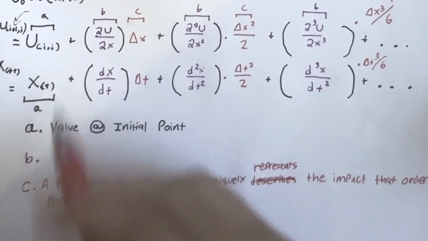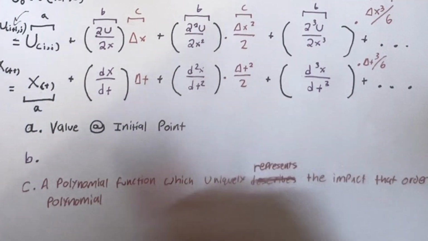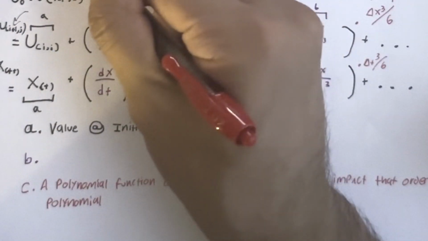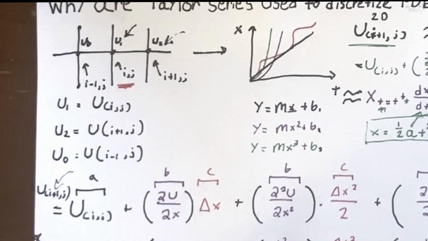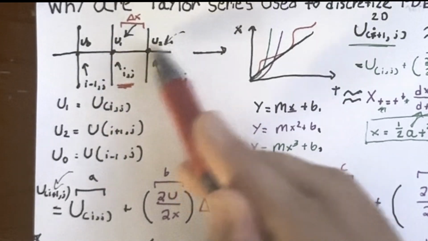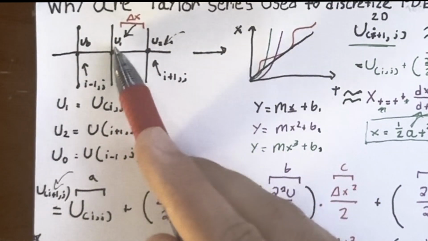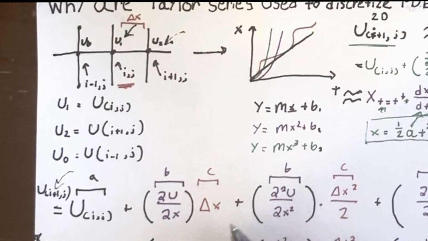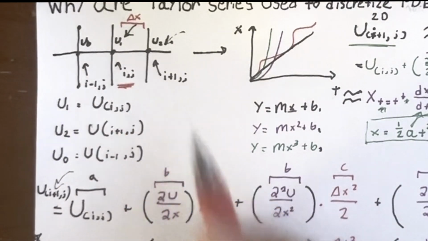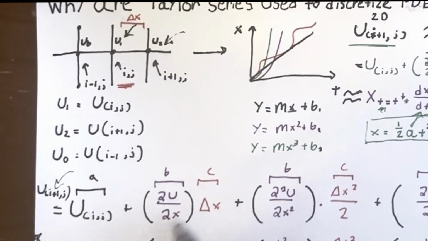For point A, it's the initial value of your property at the point which you are calculating from, right? Because this right here is our change in x. We're trying to find the value at u2 using the information we know at u1 and using what we know about change in x and the different partial differential equation values, right?